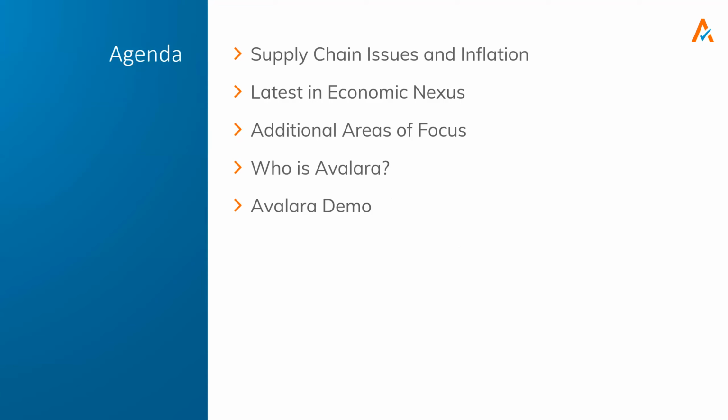Then from there, a little bit of updates around economic nexus. Then there's a few other areas that we think are specific to manufacturing that could apply to y'all when it deals with your tax obligations. Finally, I'll touch just high level on who we are here at Avalara, if you're not aware. And then I will show a demo of a couple solutions related to a few of the areas we speak about today.